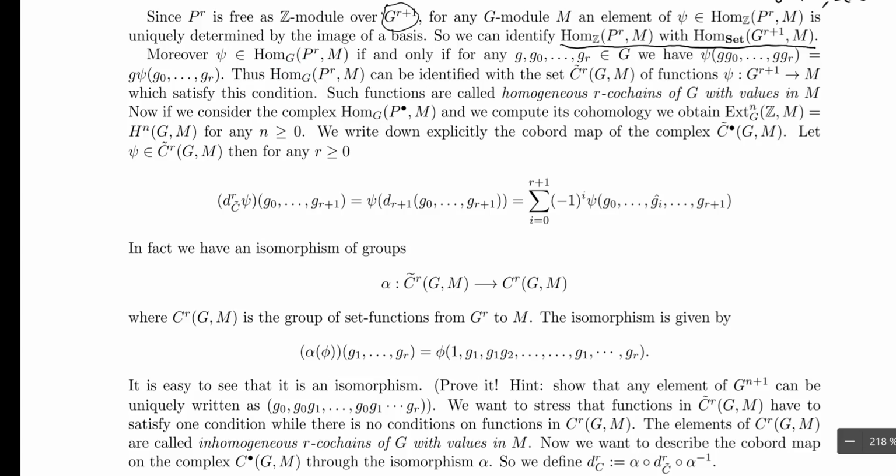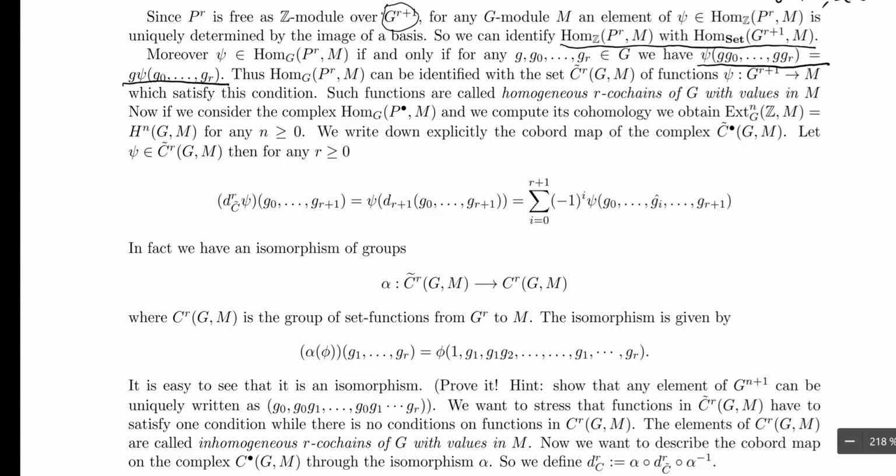So you have all the candidates to become a Z linear homomorphism, the maps as a set from G^(R+1) to M. But within all these candidates, you have to require one more restriction, that it's fixed by elements of G. So phi acting on an element, acted on by G, must equal G acting on the image of phi.